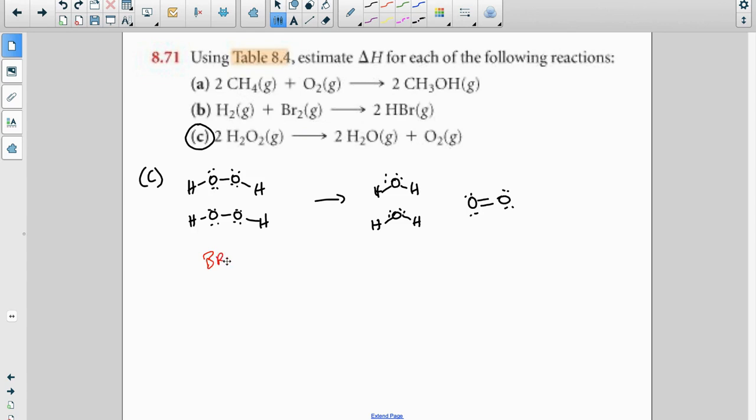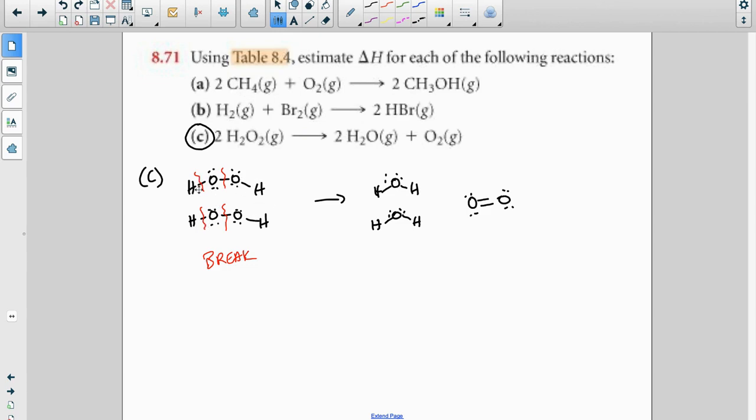So breaking side, break. Looks like we're going to have to break our peroxide in half. Looks like we need to somehow get our hydrogens over onto this part right here.